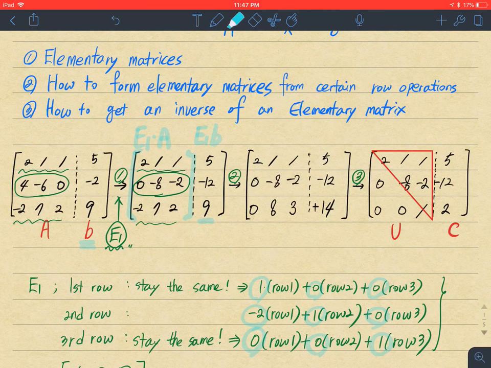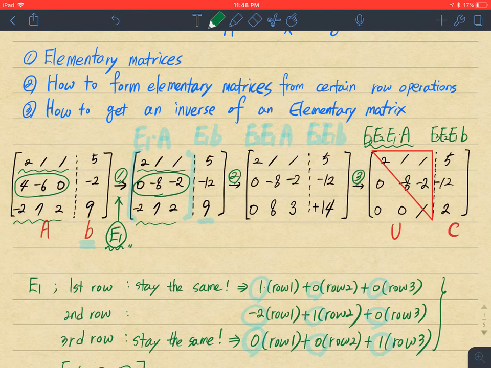In the same way, this becomes E2 E1A, and E2 E1B, and then it becomes E3 E2 E1A, and E3 E2 E1B.